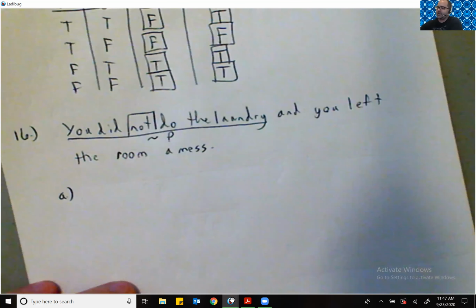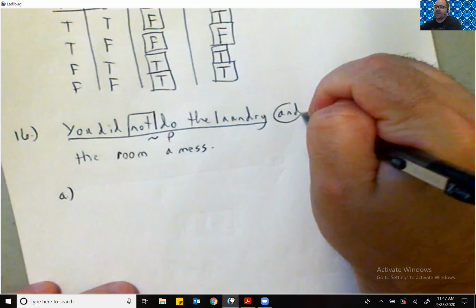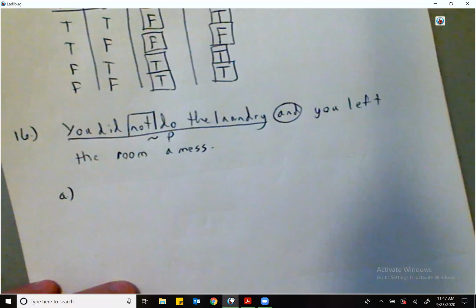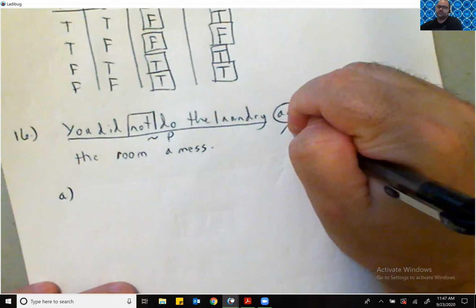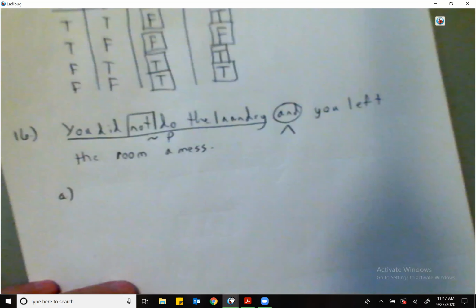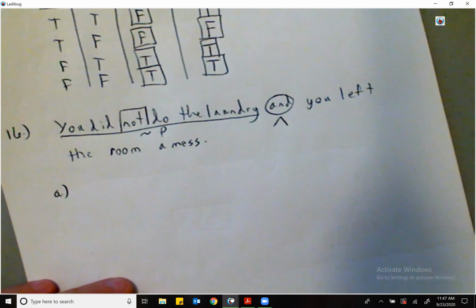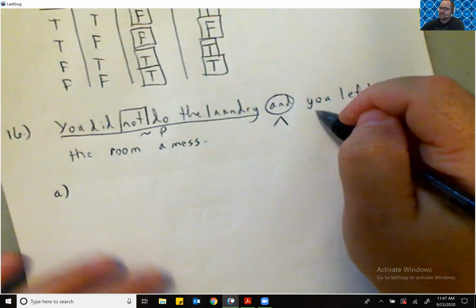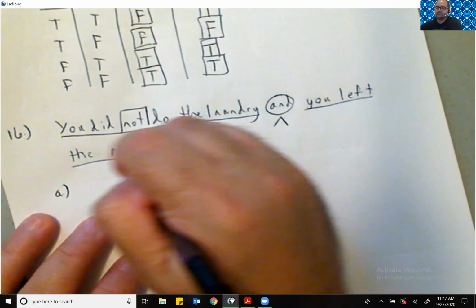Oh, there's an and. What's the symbol for and? The up looking thing, the rooftop. That's what I call it. I don't really know the actual name for it. Or you can call it a tent. It's just like an upside down V. We just call it and. Then we have a second statement.